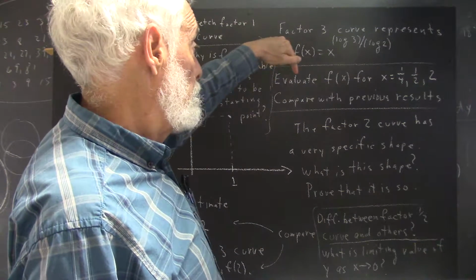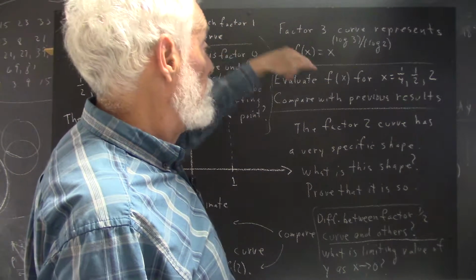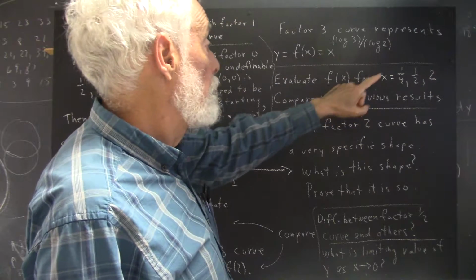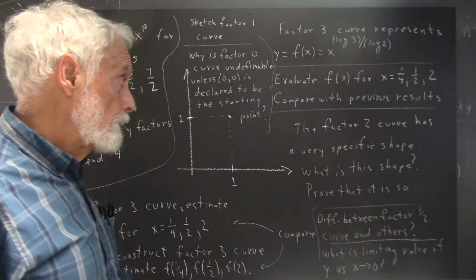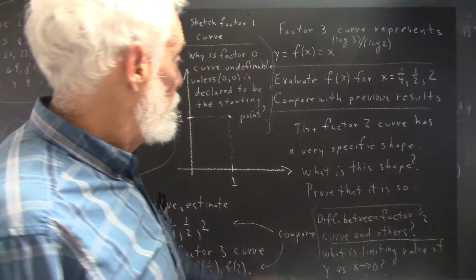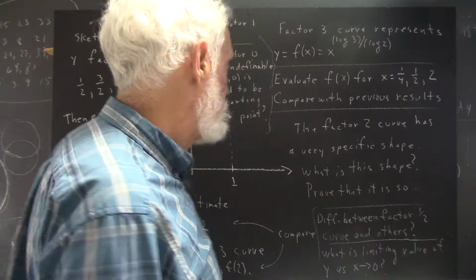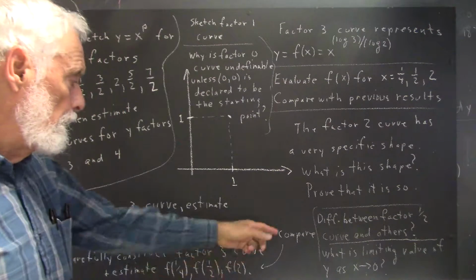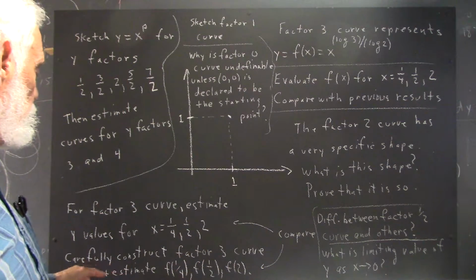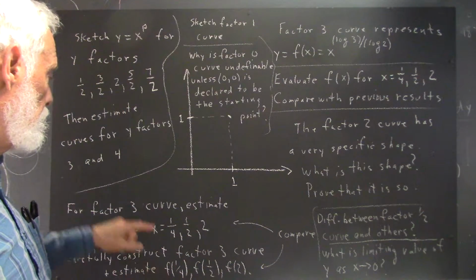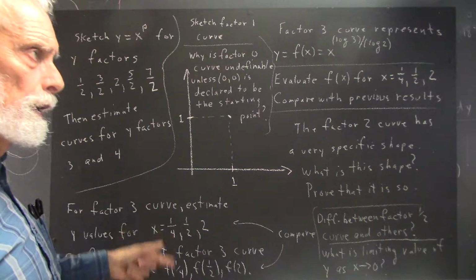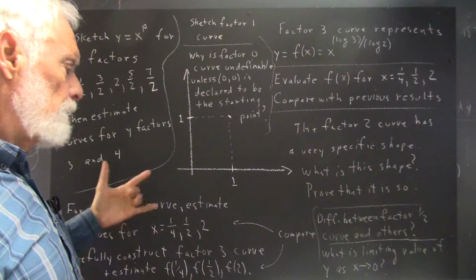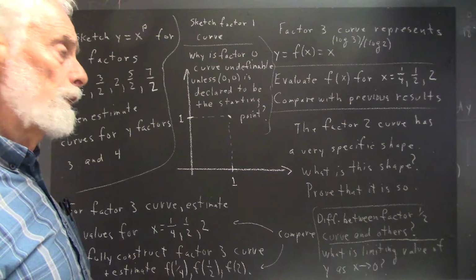Okay, then we want to evaluate this f of x function here for x equals 1/4, 1 half, and 2. You can easily do that using your calculator. And then we want to compare that with the previous results. Now, I didn't say down here, we want to compare how you did with your carefully constructed graph with your estimated factor 3 curve. How do these two compare? Do you have the same values? Well, you're not going to get exactly the same values.